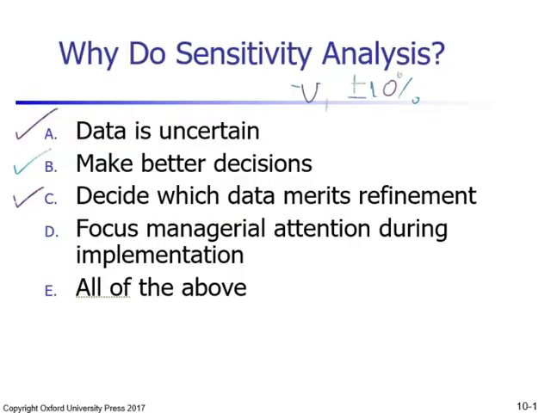So when we notice that the 10% is this impactful, we are going to put more time to come up with an estimate that has a tolerance of, for example, 5% instead of 10%.